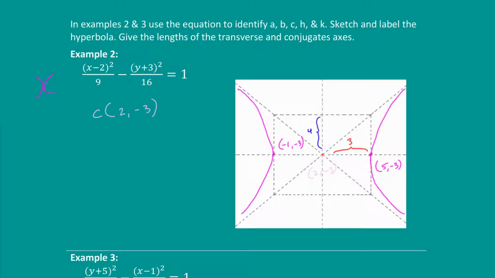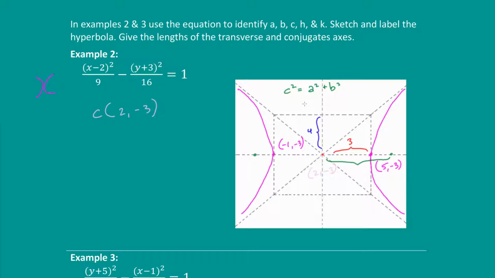The last thing you'll need to know for that is our foci. So I said here our foci is our C value, and remember that our C is larger than our A and our B, so finally we're going back to C squared equals A squared plus B squared. Good old-fashioned Pythagorean. So 4 squared, 16, 3 squared, 9, 16 plus 9 is 25.